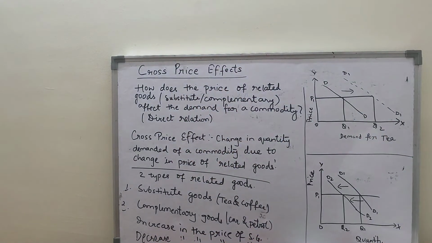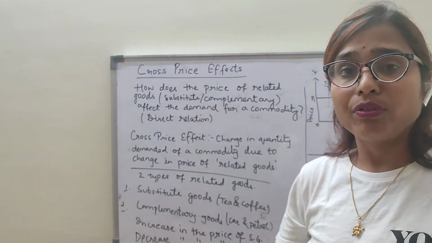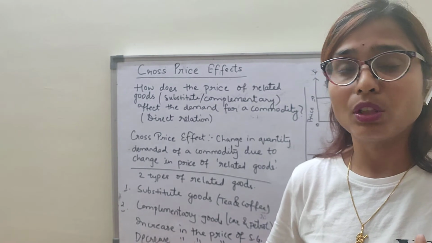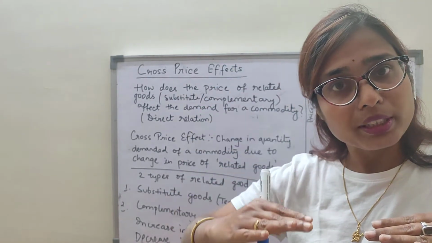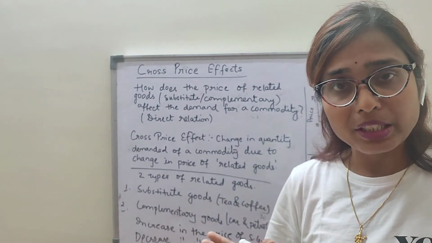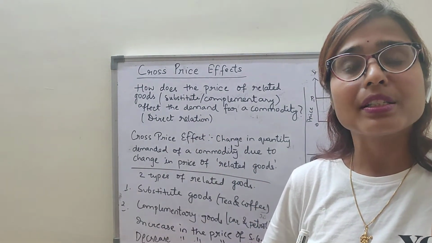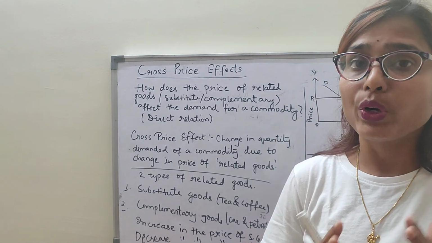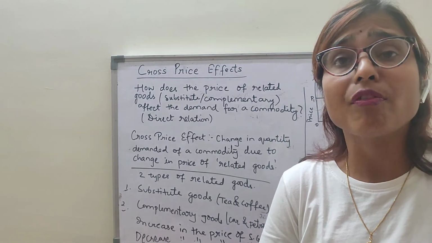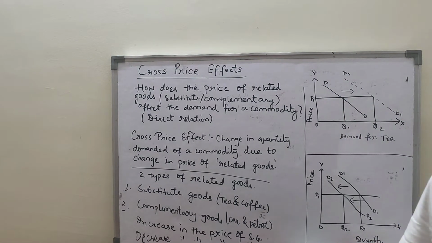Clear? Now tea and coffee again I am taking. Suppose the price of coffee decreases. Now what will happen? When the price of coffee decreases, my demand for tea will also decrease. There is a direct relation you can see here. So when the price of coffee decreases, consumer will buy less of tea and will switch over to coffee, because now coffee is relatively cheaper and consumer will demand the coffee.